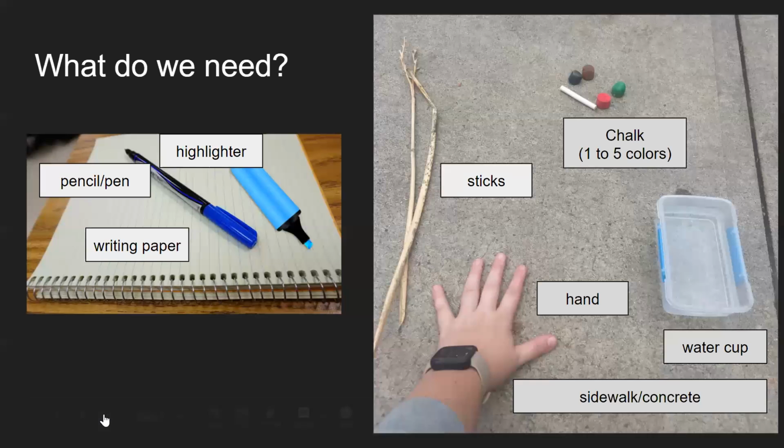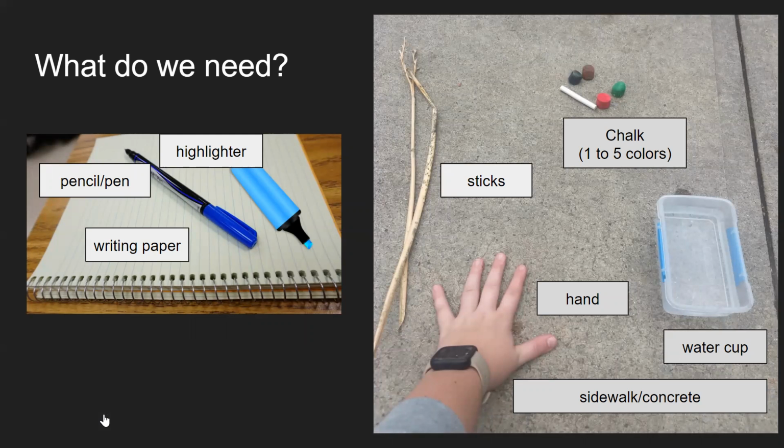So to start our lesson, we're gonna need writing paper, a pencil or pen, and a highlighter for the writing part. And once we're done with that part, we're gonna head outside where you can get sticks, chalk, 1 to 5 colors to keep it simple because the people that did the paintings did not have as much resources, so they used what was there.